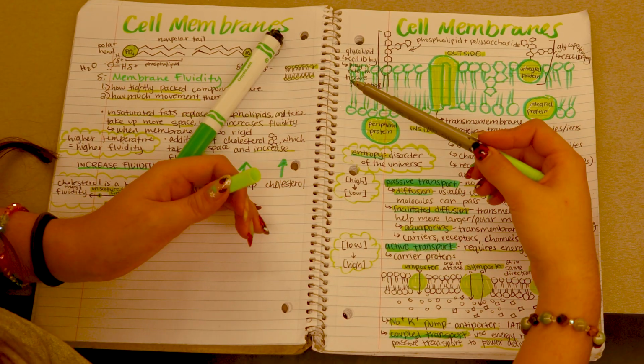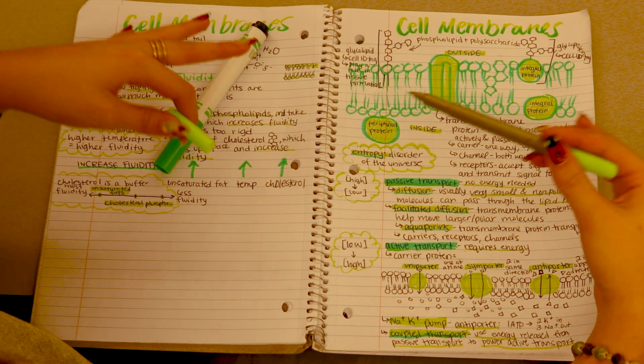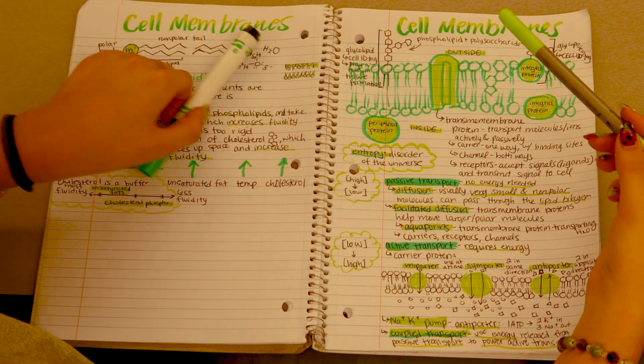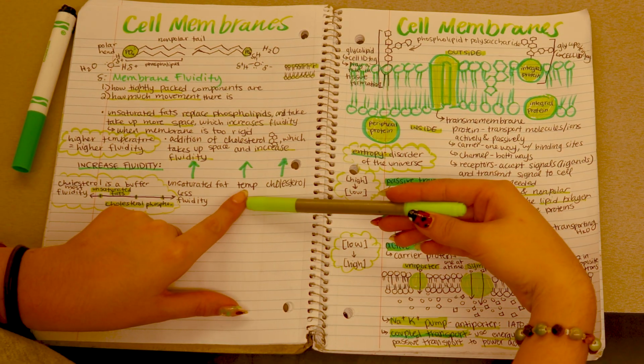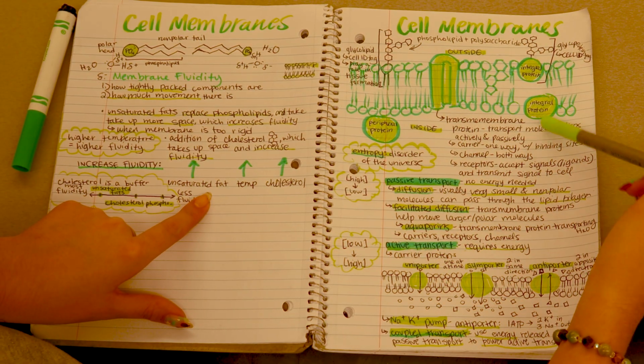Okay, so a little review. We have a cell membrane. It's made mostly of phospholipids, and they're kind of moving and grooving around, kind of fluid. If we want to increase fluidity, we can increase temperature, or we can increase the amount of unsaturated fats. Not pictured.